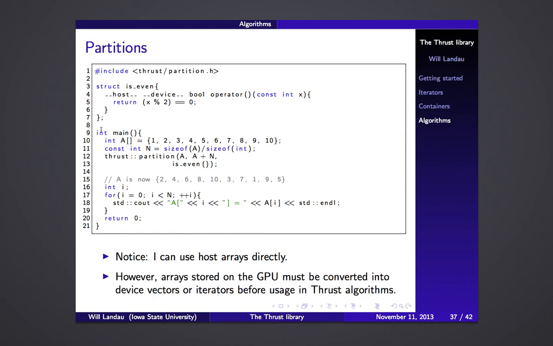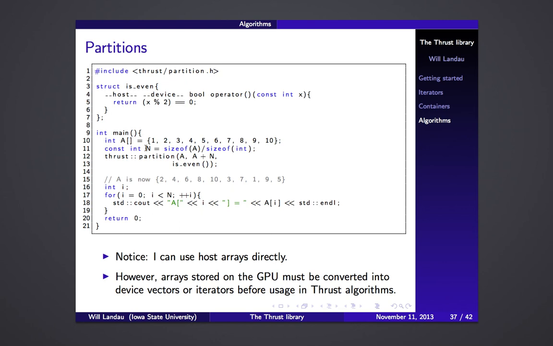If I want to use GPU acceleration, though, I've got to convert my data into device vectors or iterators before I use thrust. But I thought I'd throw a host array in here, just to tell you that if you're working on the host, you're not going to have GPU accelerated stuff, but it's still going to work.